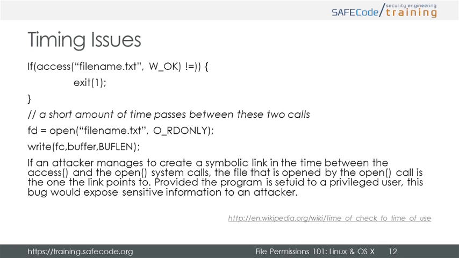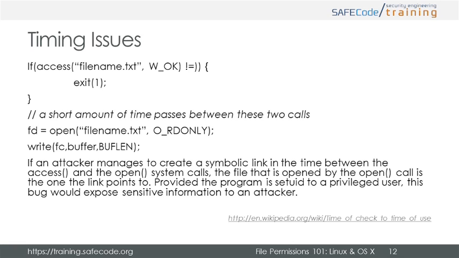The security implications of the timing issue are exemplified here. A SetUID program uses the access system call to check for permissions to read a given file. Because access uses the real user ID and not the effective user ID, the call will return the expected answer, even if the program running it is running as root.